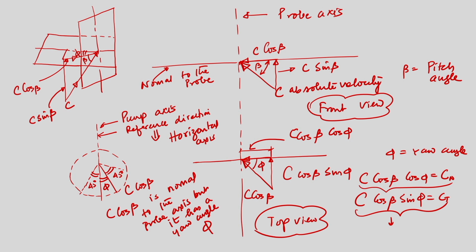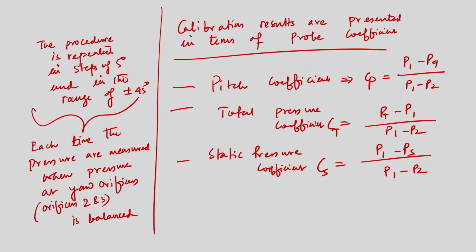So today, from this schematic, it is clear that if we place a probe in a flow field in a jet, and the absolute velocity of the jet is c, then using this probe, following the steps we have discussed today, we can measure the total pressure, the stagnation pressure. The measured results are presented in terms of the calibration coefficient.